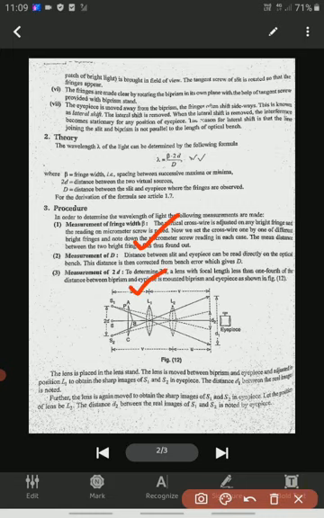This is a lengthy process. How will we calculate 2d? Here this one is the eyepiece, and this one is the biprism. We use a lens. When we move this lens in between the biprism and the eyepiece, at a particular place we get the sharp fringe.